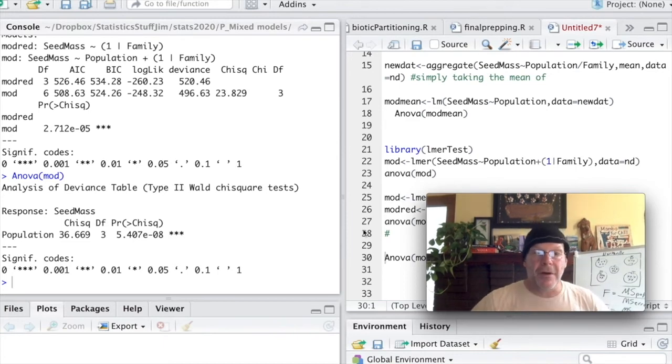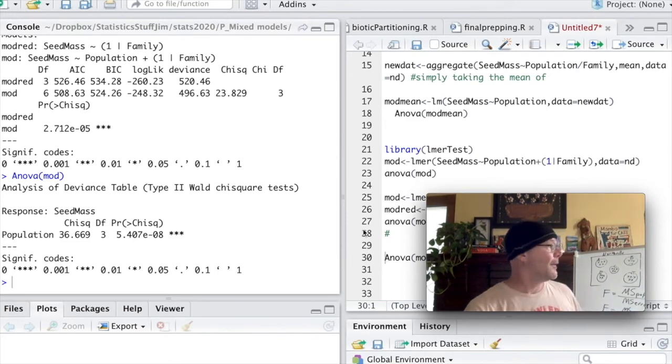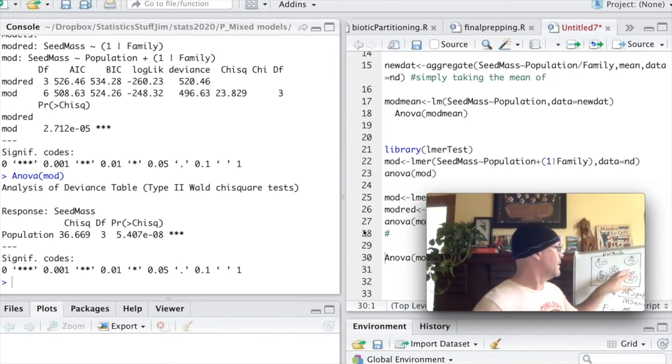Right. And so that's it for nested designs. They can get tricky. I often encourage people to really think hard about whether they truly want to do a nested design. Because again, your unit of replication depends on what hierarchical level is relevant to your hypothesis testing.